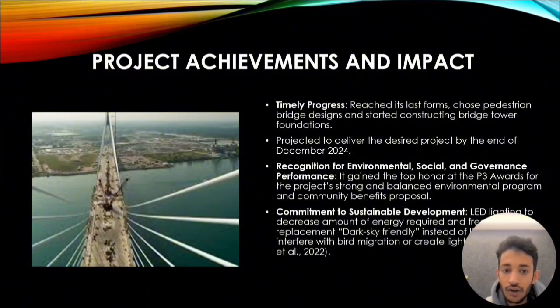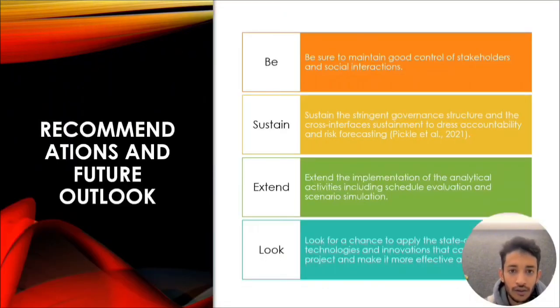LED lighting to decrease the amount of energy required and frequency of replacement, dark sky friendly, instead of light interfering with bird migration or creating light pollution. Be sure of four main points. Be sure to maintain good control of stakeholders and social interaction.